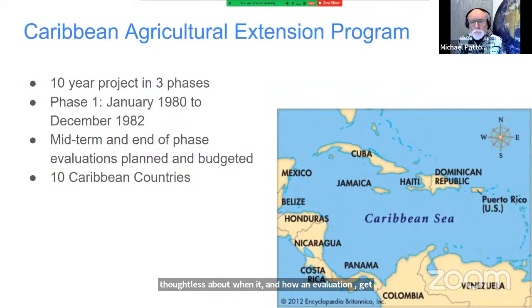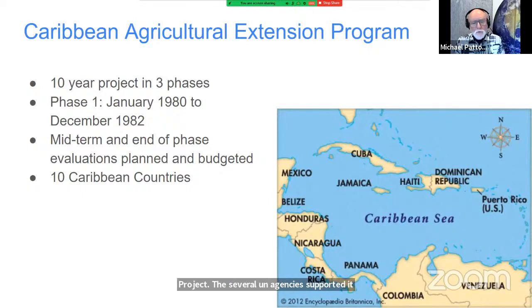I wanted to use the Caribbean Ag Extension Program, which I worked with for 10 years, in the agricultural extension system within the Caribbean on a big USAID project. Several UN agencies supported it.